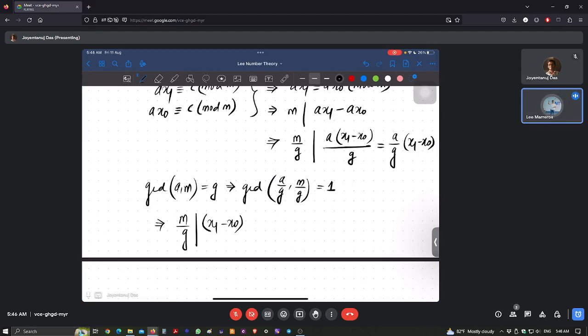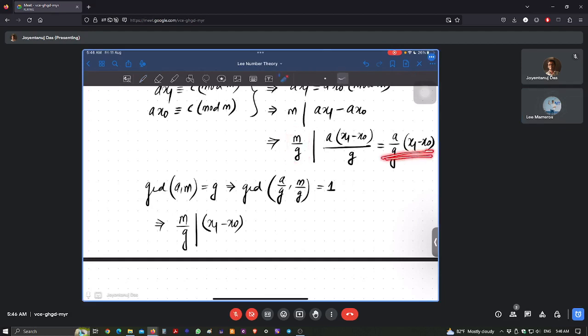So M by G is dividing the product of these things, but these two are co-prime, so it has to divide the other part only. You are just removing A by G because the GCD is 1.